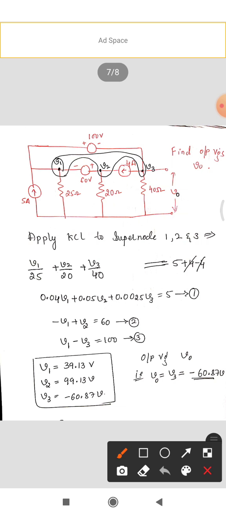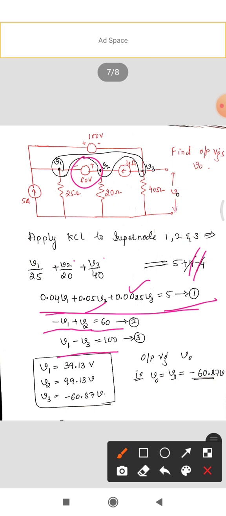Plus 4 and minus 4 get cancelled. So simplify: 1 divided by 25 V1, 1 divided by 20 V2, 1 divided by 40 V3 equal to 5. This is the first equation by KCL for the super nodes. The second equation you get from the 60 volt supply: minus V1 plus V2 equal to 60. The third one is V1 minus V3 equal to 100.